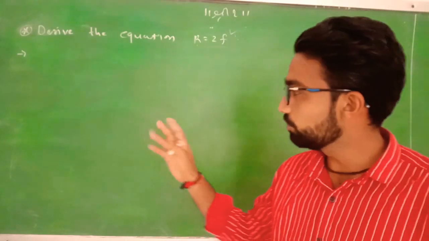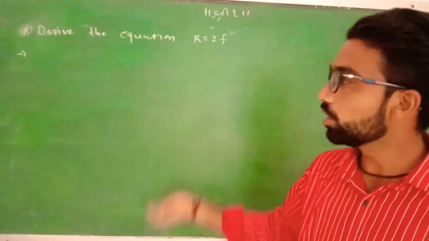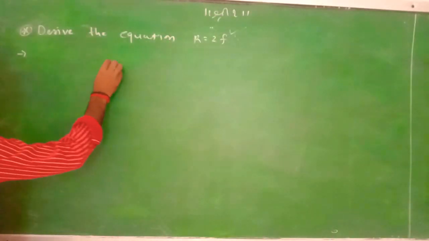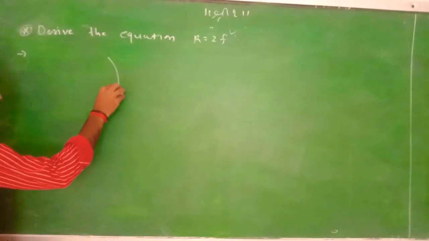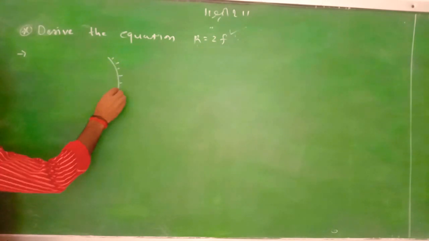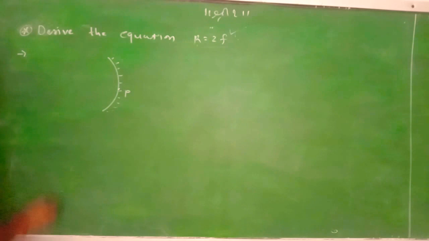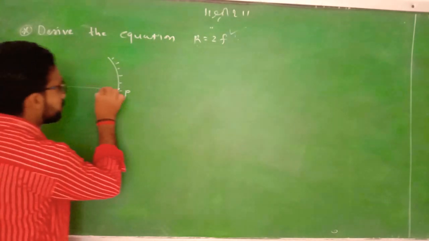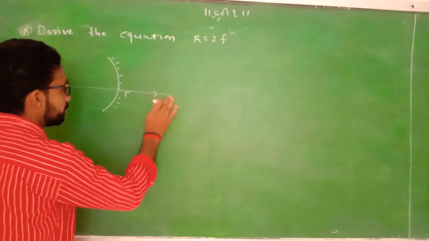So now we consider the figure for both mirrors and then we derive this equation. First of all, we consider a concave mirror. You can see this is the concave mirror, this is the pole, this is the center of curvature, and the line passing through C and P is the principal axis.